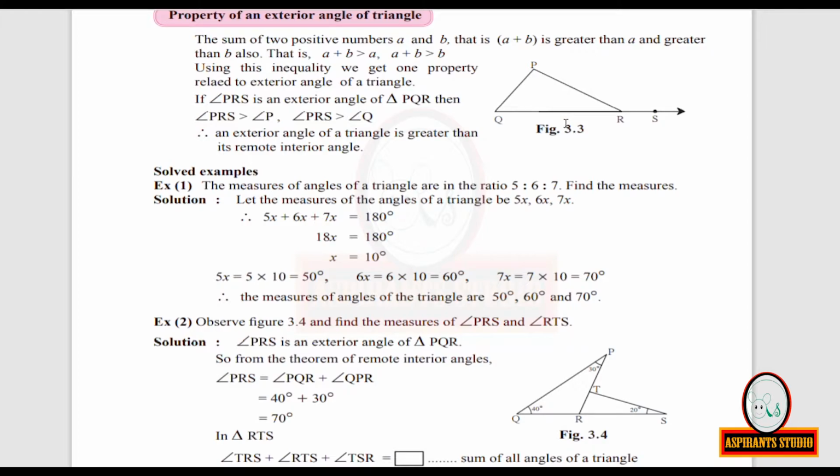If angle PRS is an exterior angle of triangle PQR, then measure of angle PRS is greater than measure of angle P, and also measure of angle PRS is greater than measure of angle Q. Therefore, an exterior angle of a triangle is greater than its remote interior angle.